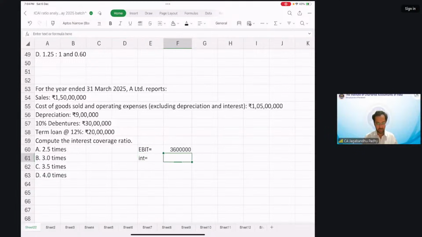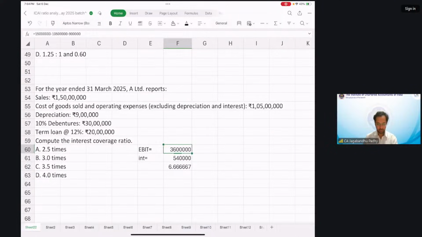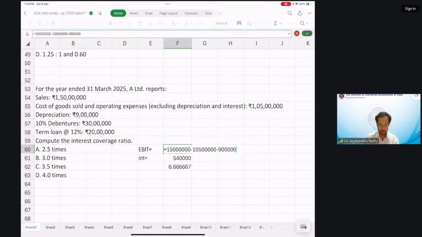And what's the interest? Interest is 30 lakh into 10% plus 20 lakh into 12%, which is 5 lakh 40. So if you look at the coverage ratio, that's coming out to be what? 6.67.